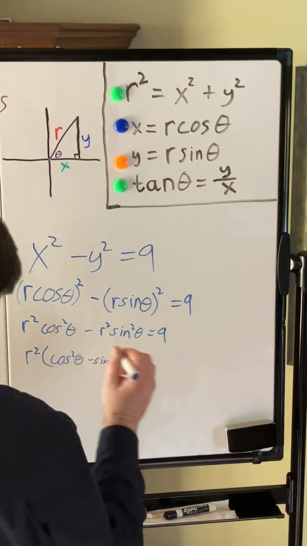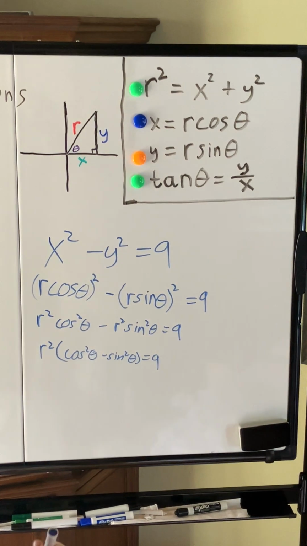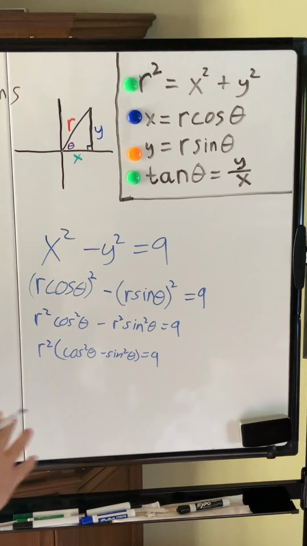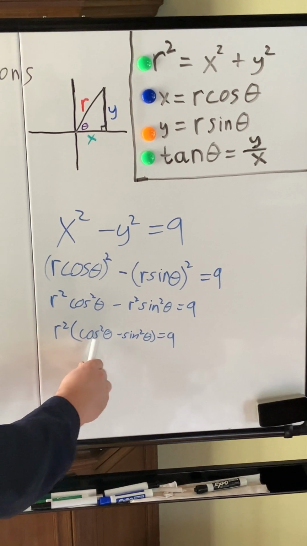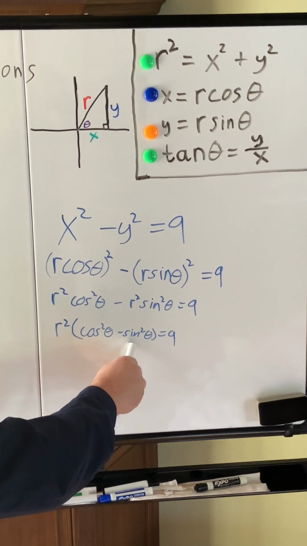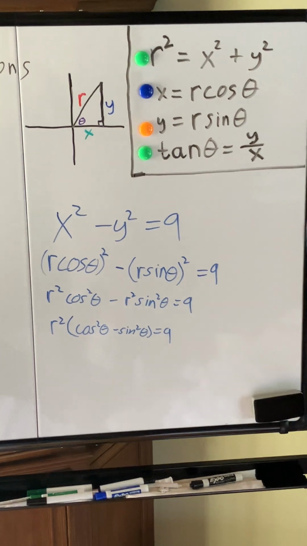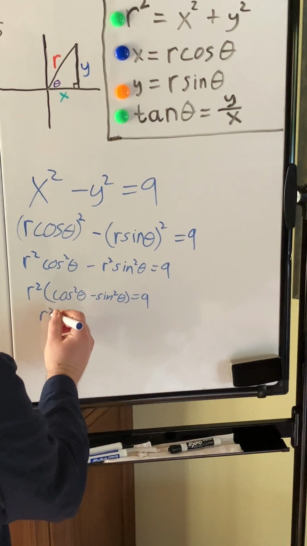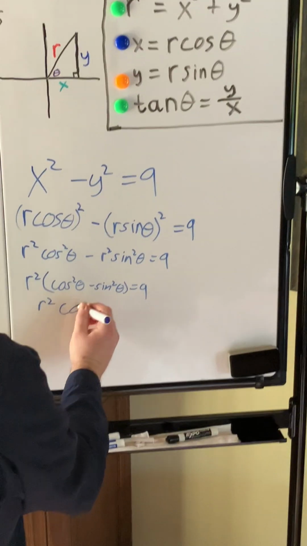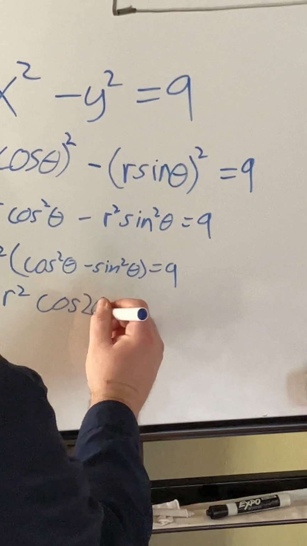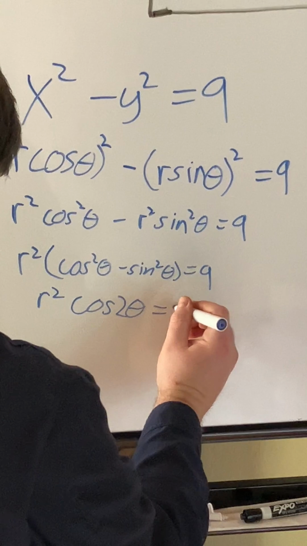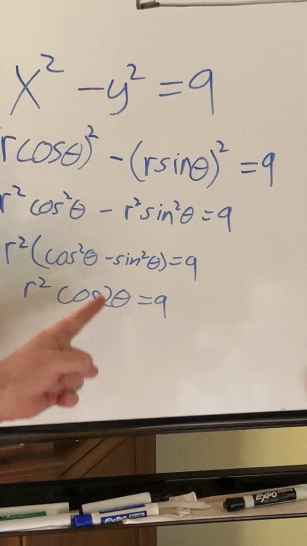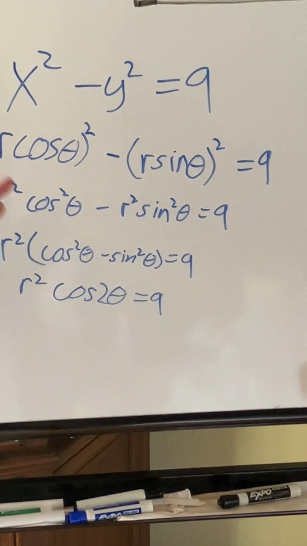Now, if you're given something like this on a test, you will very likely be given this formula that I'm about to do. This happens to be a double angle formula for cosine, meaning I can convert that into cosine 2 theta. Now, again, you will very unlikely be expected to know that conversion in this section.